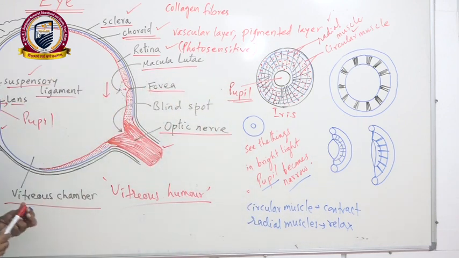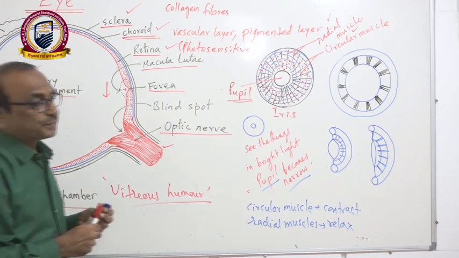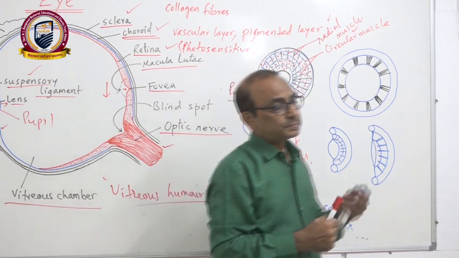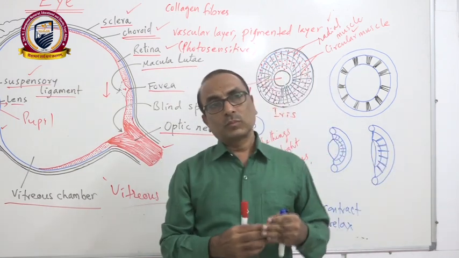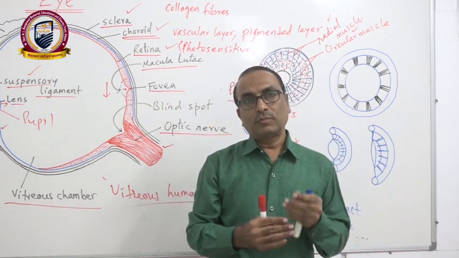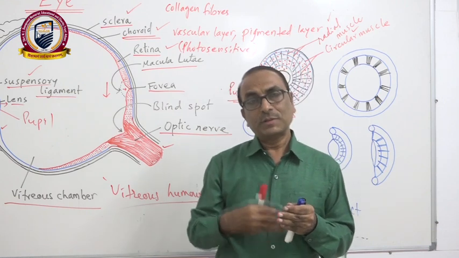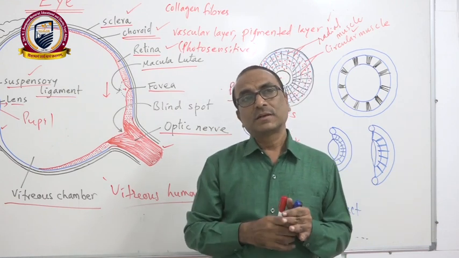Now what happens if we observe any object in the dim light, especially when you enter into a dark room, or when you enter into a cinema theater, where there are no lights?